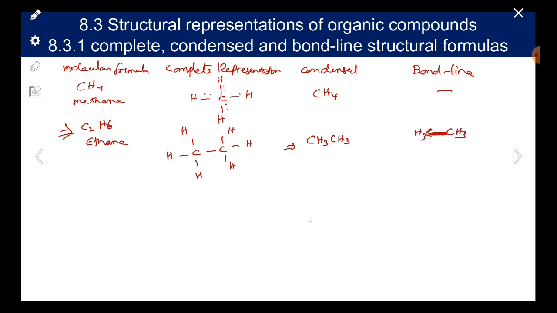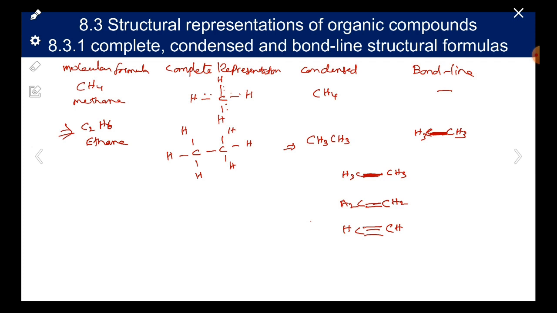Okay, only in chemistry you have meanings for single dash and double dash and triple dash. In this case, it's a sigma bond where you have two methyl molecules. In the case of two dashes, it means it's a double bond where we say there are two CH2s. When you see a triple bond or triple dashes, it's nothing but the ethane.